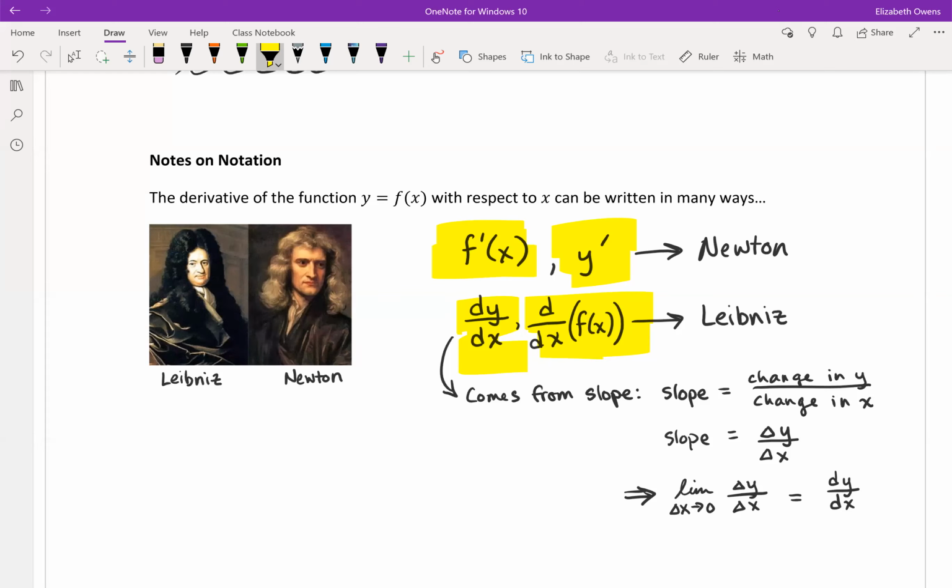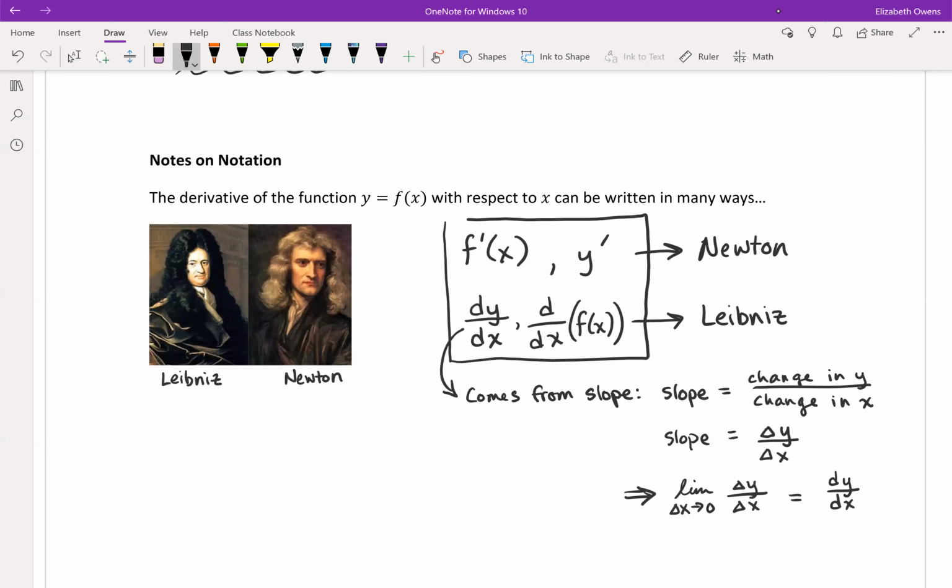I'd say these four are probably going to be the main ones that we see most often. So that's good to know these. Get familiar with them. That way when you see one or the other, it doesn't trip you up. They're all talking about the same thing.